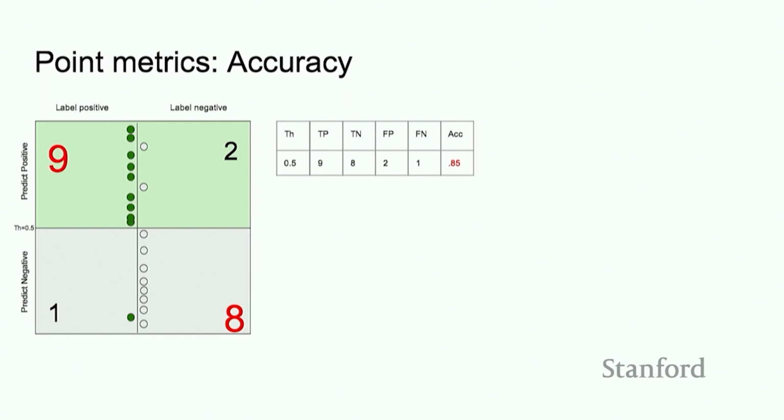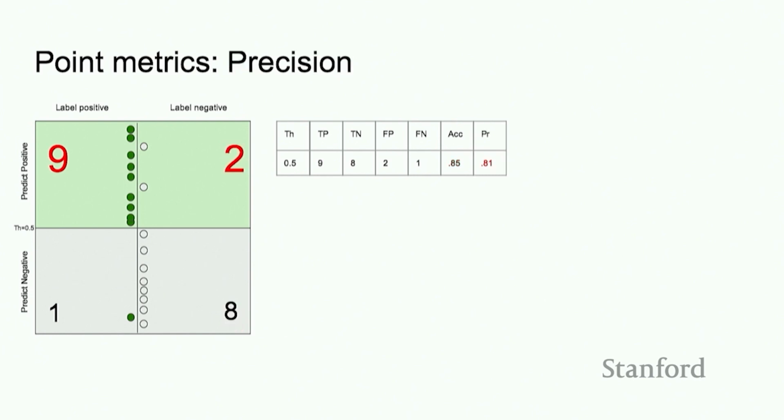If you want to optimize your model for accuracy, it corresponds to using what's called the 0-1 loss. 0-1 loss means you have a loss of 1 if you got the answer correct, and 0 if you got it wrong. Optimizing for 0-1 loss is very hard to do in practice because it's not a differentiable loss, but that's accuracy.